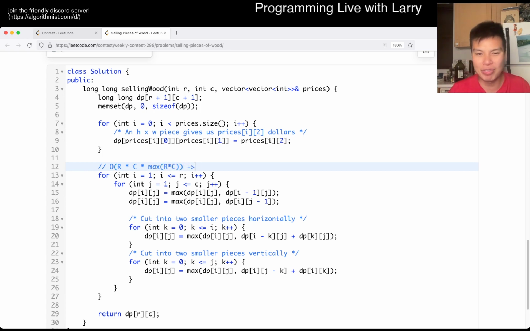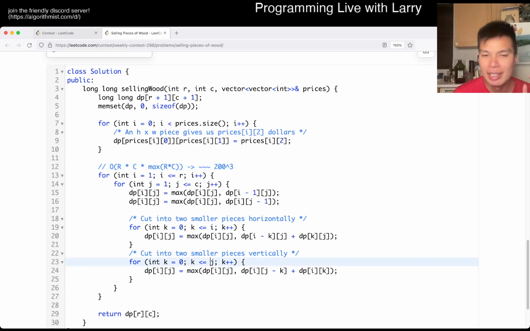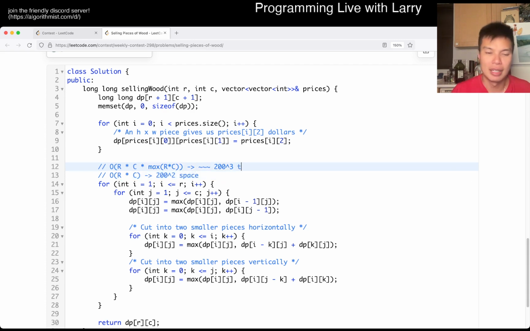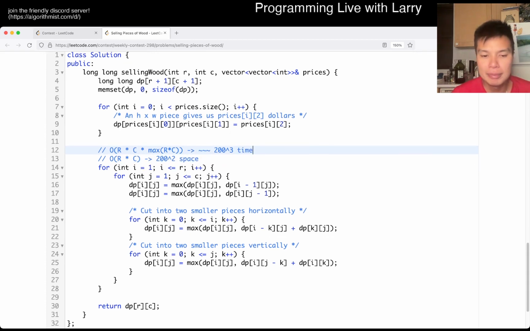So this is going to be roughly speaking 200 cubed. I know that this is strictly a little bit better because this only goes up to i and j, but I was like, I don't want to risk it with Python. Let's just go straight to C++. And that is the complexity for time, and for space, the DP array is R times C, so it is going to be R times C space. And that's pretty much it. Let me know what you think.